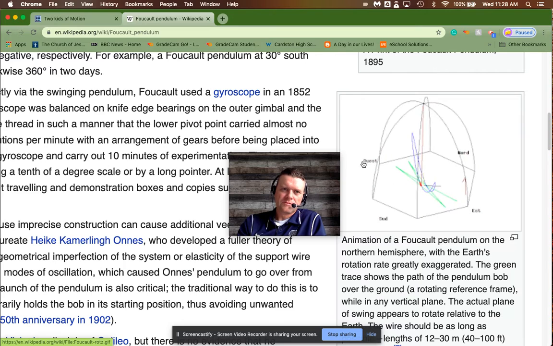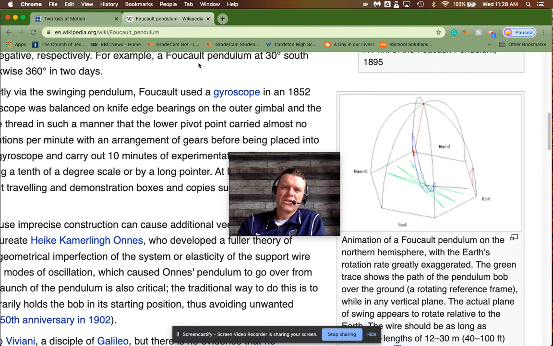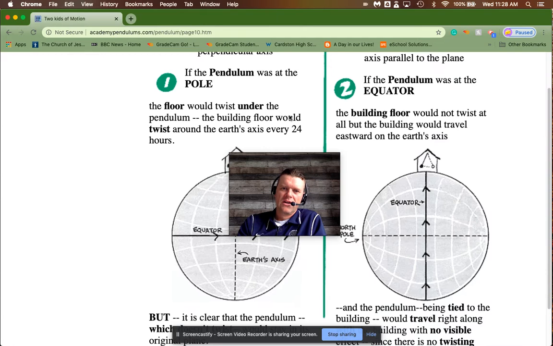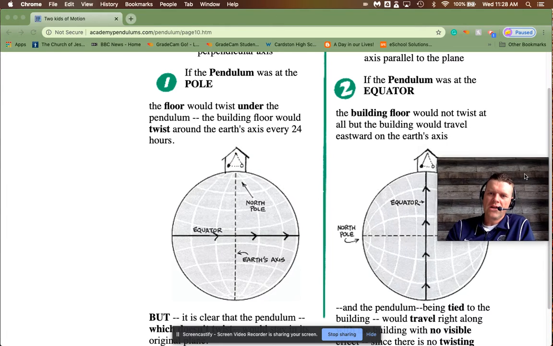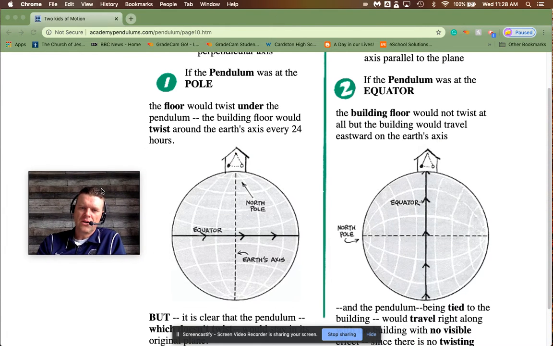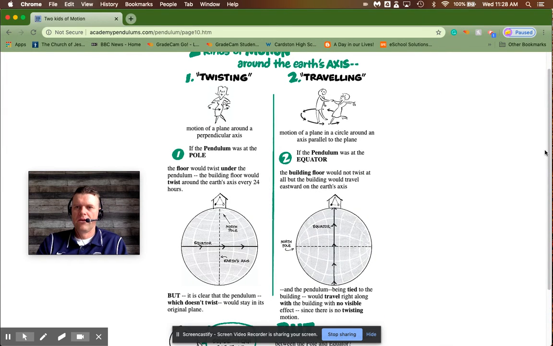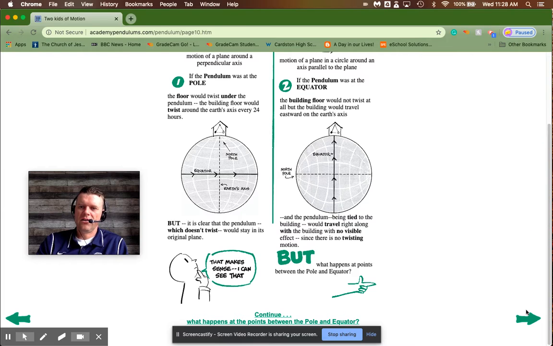But just worth mentioning is the fact that a swinging pendulum not only has a period and a frequency, but it can also show that the Earth is spinning.